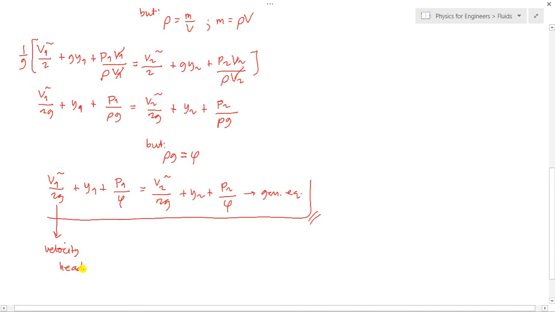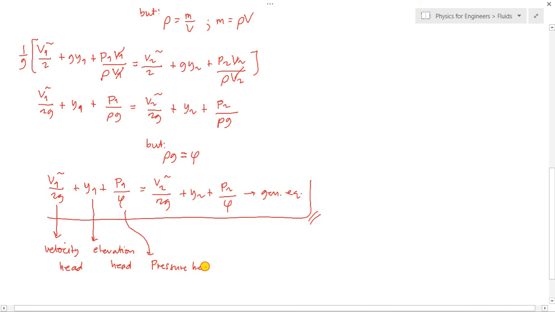In fluid class it is the velocity head because this term is in terms of velocity. What is this other one called? This one is the elevation head, because it comes from the potential energy. What is the head in terms of pressure? That is the pressure head.